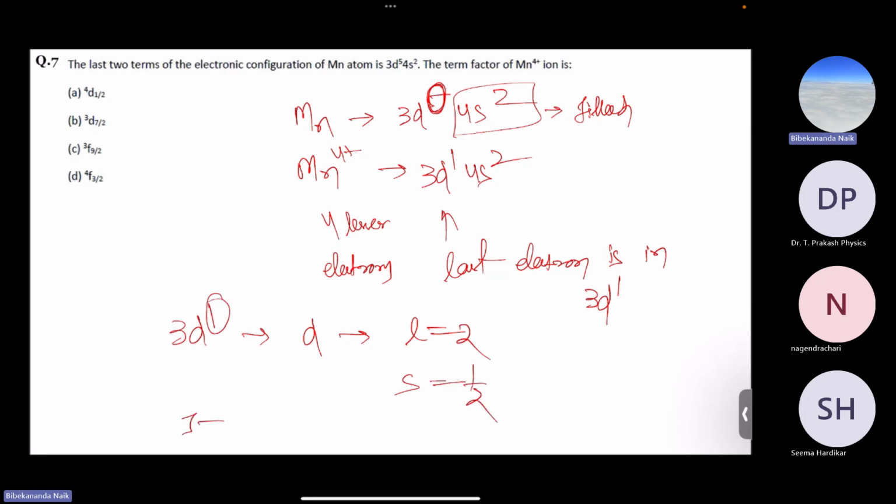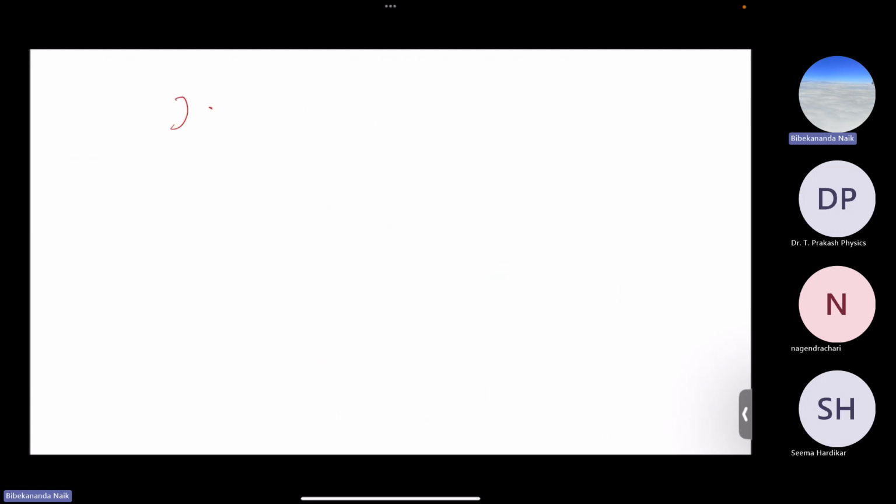So J is L+S to L-S. So 2 plus half and 2 minus half. So J will be 2 plus half equal to 5/2, and 2 minus half equals 3/2. So there are two values of J.